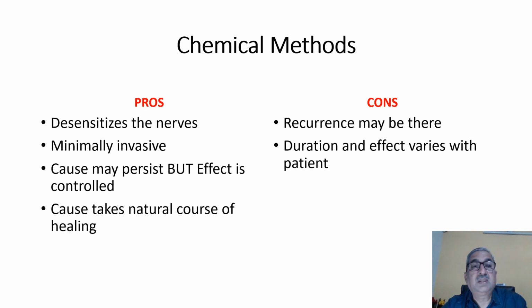I am one of them. The pros: it desensitizes nerves, it is minimally invasive, the cause may persist, but the effect is controlled. The cause takes its natural course of healing. The cons here are that recurrence can be there. The duration of effect varies with the patient. Again, the same thing is true even for the mechanical options as well.